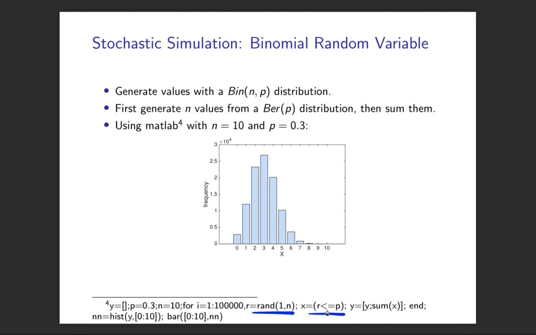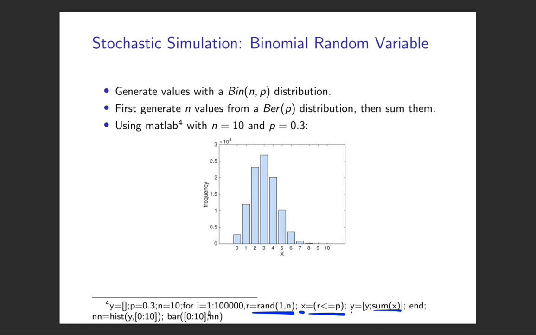This does it in one step for a vector of n Bernoulli random variables, our n trials. Then we add them up, so y is a binomial random variable.